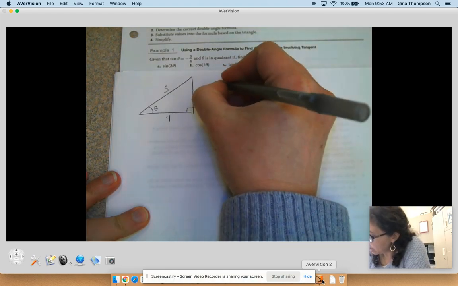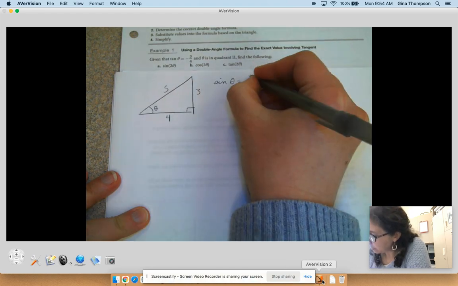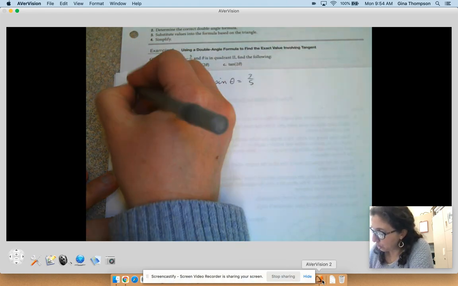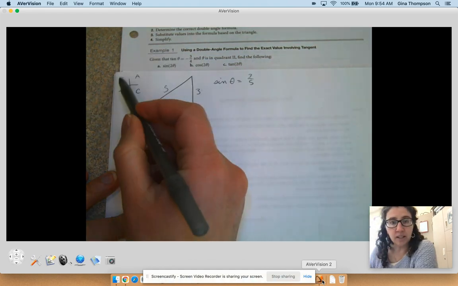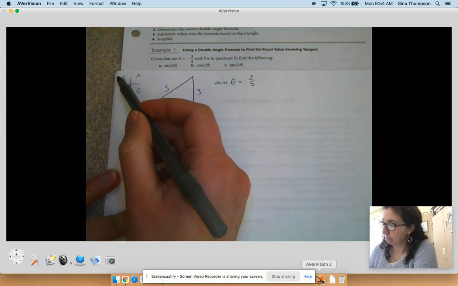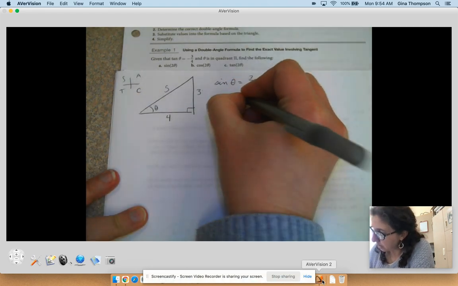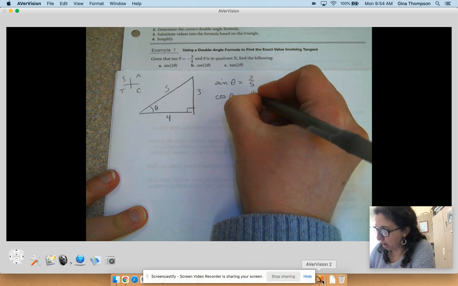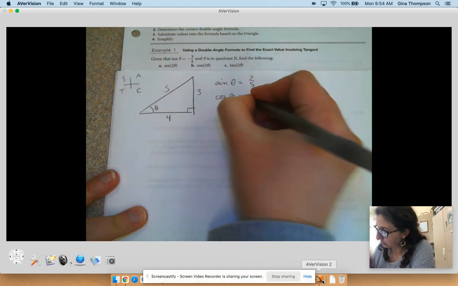We know that sine of theta is going to be 3/5, and in quadrant 2, sine is positive, right? So this is going to be positive 3/5. Cosine of theta is 4/5, adjacent over hypotenuse, and in quadrant 2, cosine is negative.